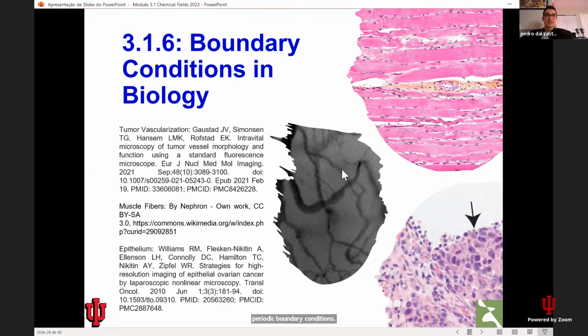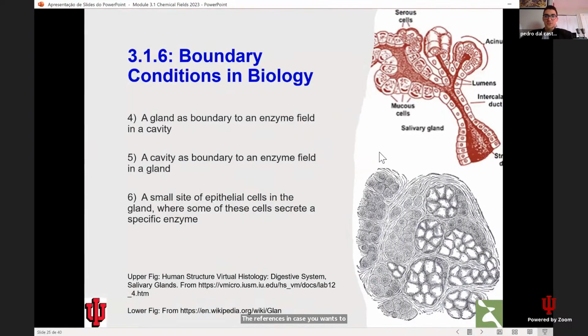These are the references in case you want to see where I took the images from, and more examples. So you are modeling a cavity, let's say inside the stomach, and there is a gland outside your system.